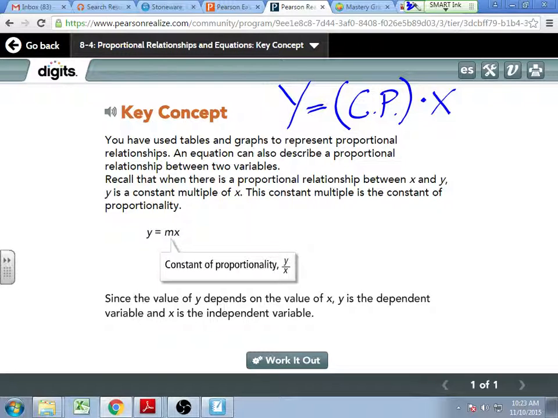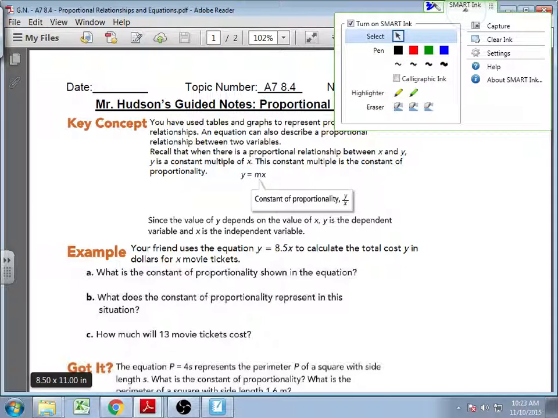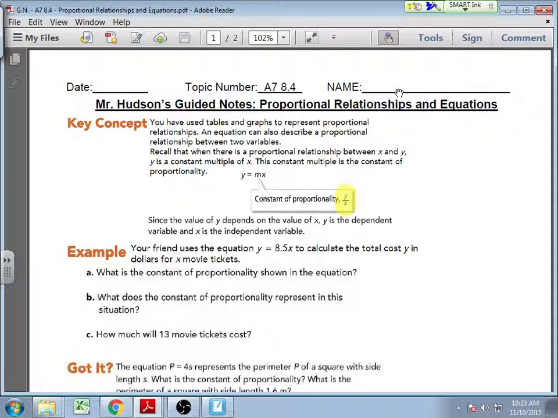There has to be a multiplier on our x. So in your notes, I would highlight, circle, star, do something to notate that y divided by x is your m value. M stands for our constant of proportionality.